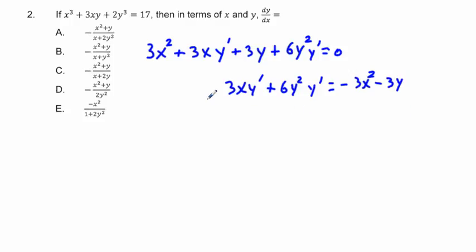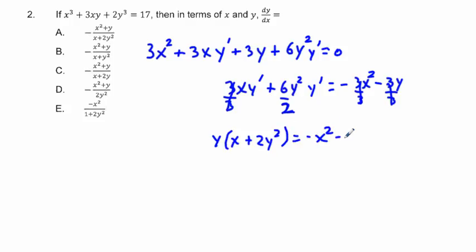And we're going to divide everything here by 3, so that cancels, that cancels, that cancels. This becomes 2 here. So rewriting and factoring out the y prime, we have y prime times quantity x plus 2y squared is equal to negative x squared minus y.